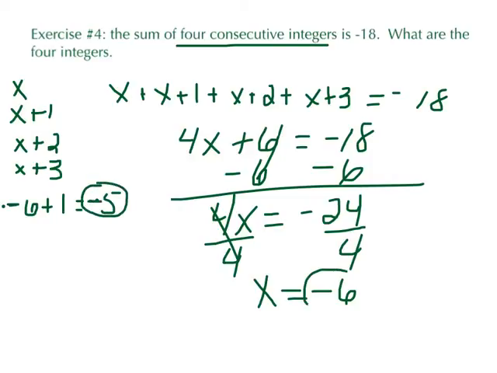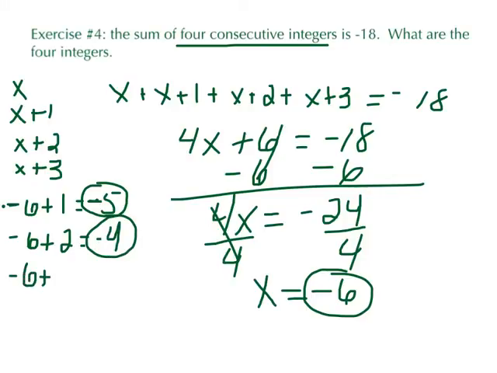Notice how I always circle my final answers. Negative 6 plus 2 equals negative 4. Negative 6 plus 3 equals negative 3. There are my 4 consecutive integers. Negative 3, negative 4, negative 5, negative 6.